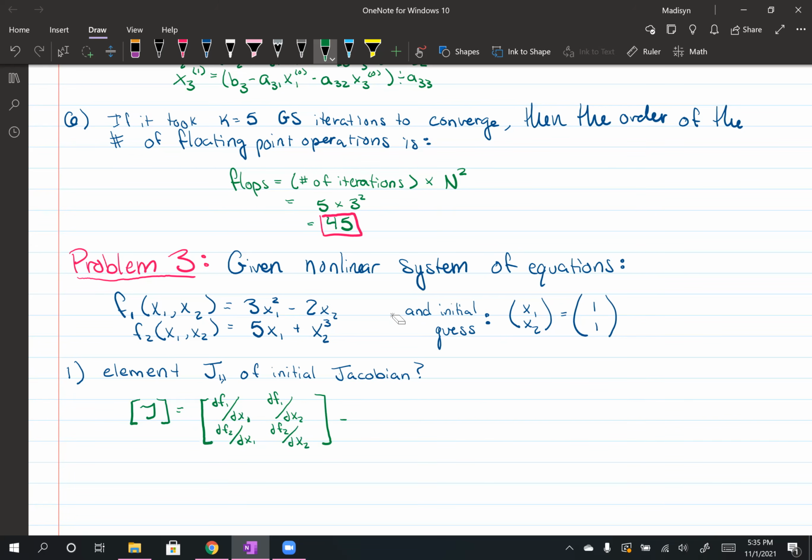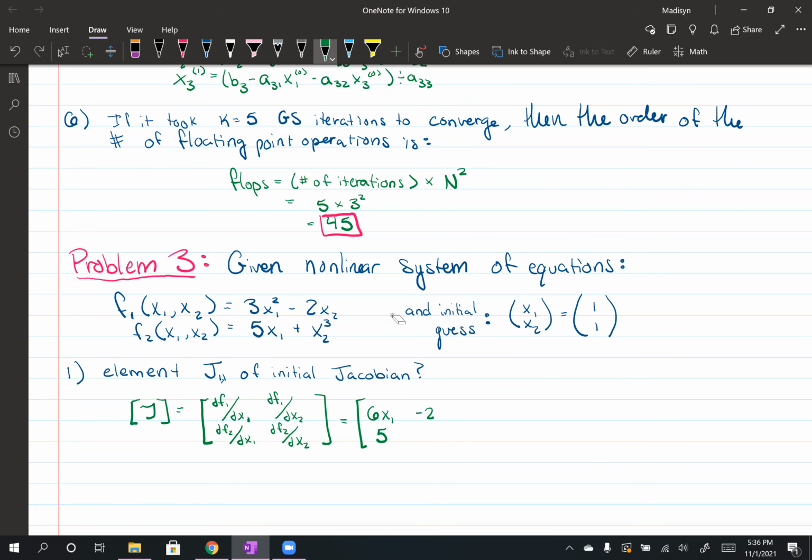So in our case, the partial derivative of our first function with respect to x sub 1 is 6x sub 1. Partial derivative of our first function with respect to x sub 2 is negative 2. Our partial derivative of our second function with respect to x sub 1 is 5.